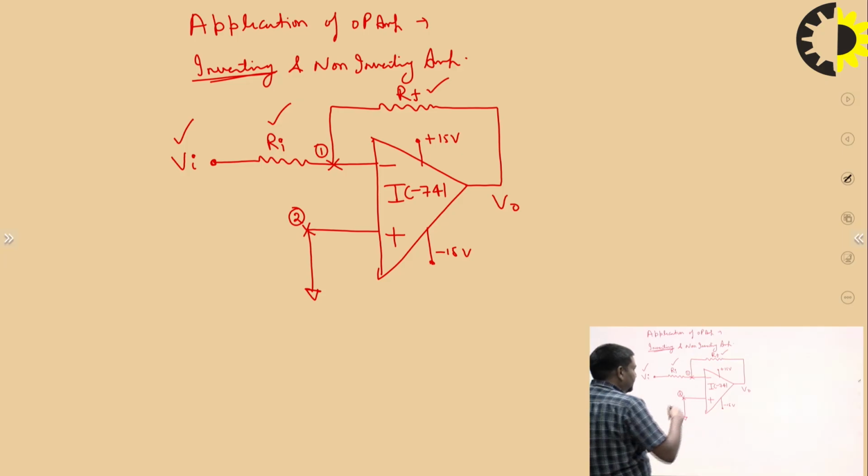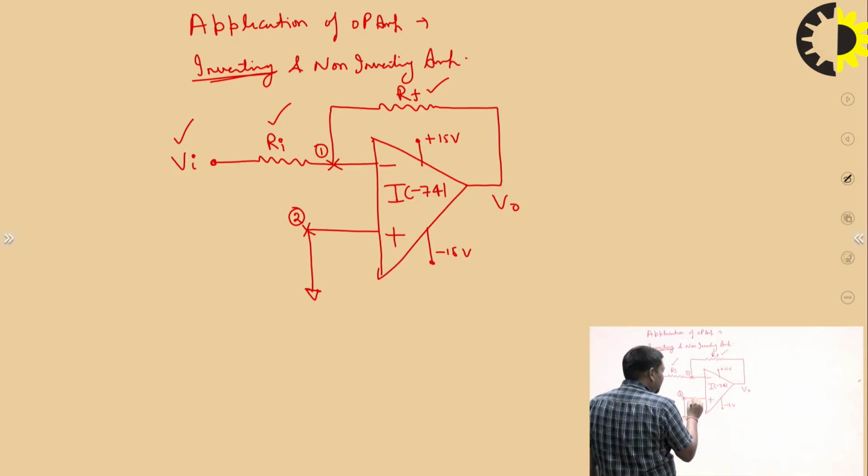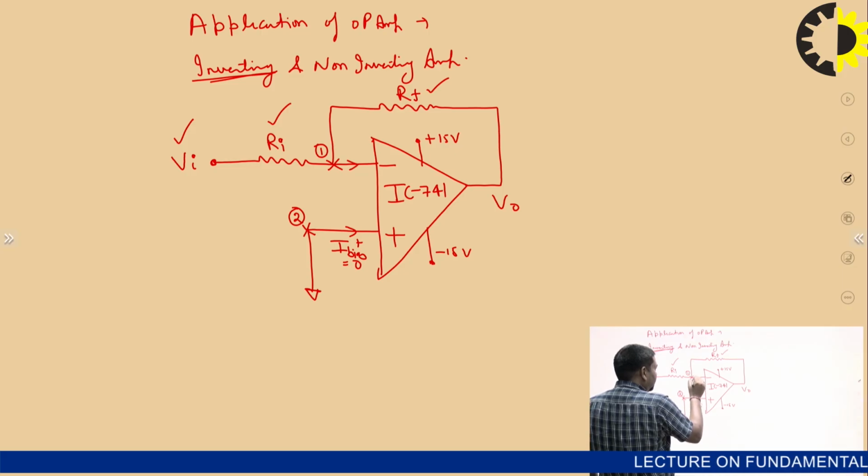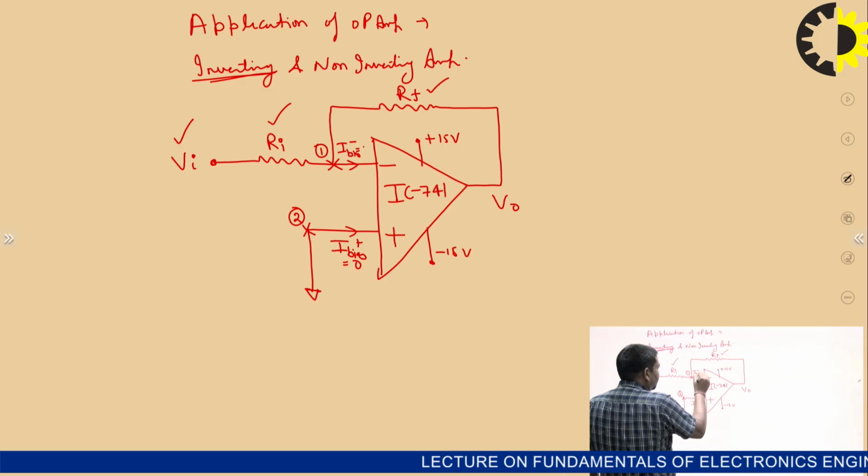So the signals are different. So we apply another voltage source to nullify that particular current, which is opposed to that particular current. Such current is called the biasing current. So ideally the bias current should be 0 in the positive terminal or non-inverting and inverting terminal.